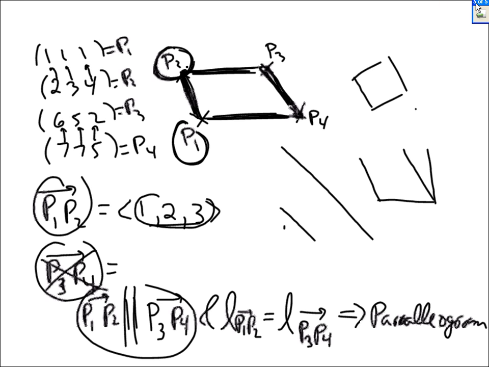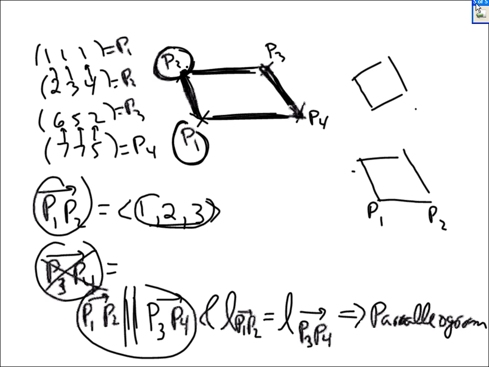Possibly, let me draw that better. Possibly P1 and P2 were not like that. Well, if they're not like that, what were they like? Well, if you put the P2 in the bottom right, that's exactly what we just had a moment ago when I put the P2 up here.